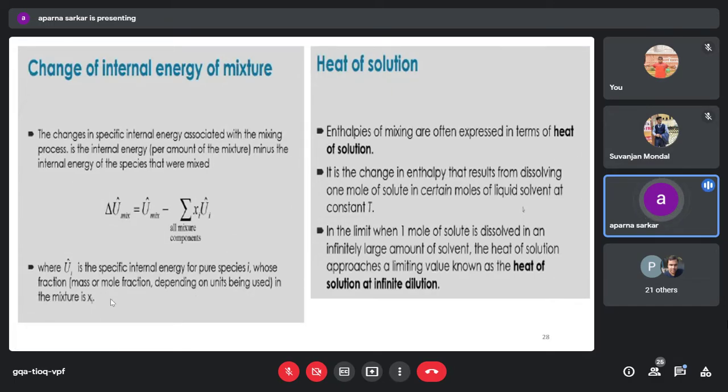So these are the internal energy changes and enthalpy changes for ideal and non-ideal mixtures. We just have to remember all these formulas.